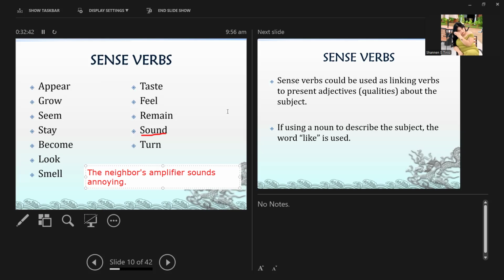Okay, so subject is neighbor's amplifier pero pinaka subject is amplifier, okay? And then we have the sense verb which is sounds and we also have the adjective which is annoying.